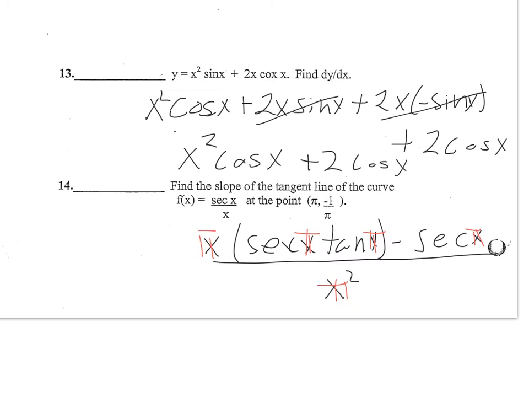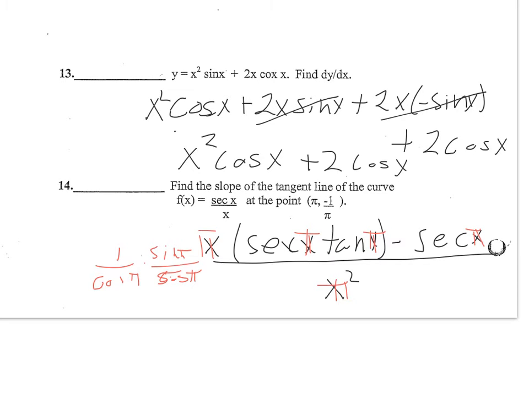Okay, so let's think about this. Secant is related to cosine, so that would mean I have 1 over cosine of pi times tangent of pi. Well, tangent is sine of pi over cosine of pi.